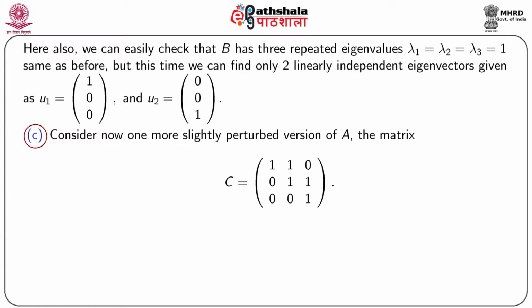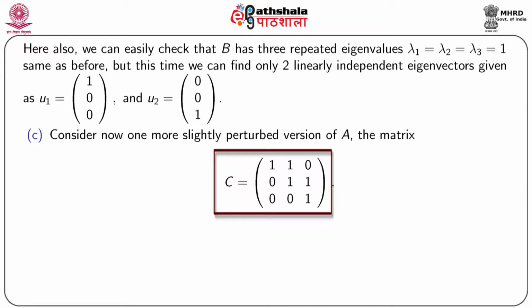We again consider a little modified version of A and name it matrix C, which is equal to 1 1 0, 0 1 1 and 0 0 1. So, the difference from matrix A is that this number and this number, both of which were zeros in matrix A, were replaced by 1.